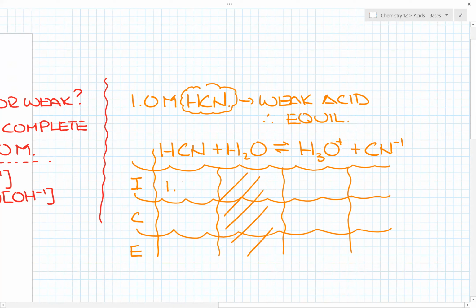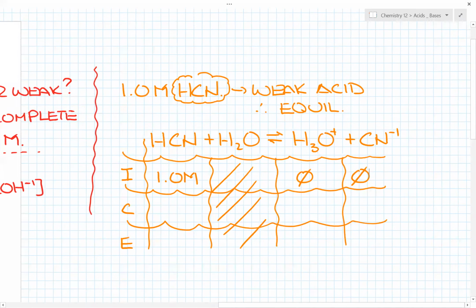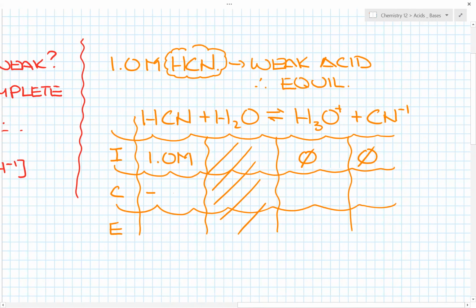So this will be 1.0 molarity, and these would be 0, 0. Going back to equilibrium, this would be minus, this would be plus, this would be plus: X, X, X. The products went up because they started with 0. So here would be 1.0 minus X, and these would be X and X. Again, we have our equilibrium concentrations.